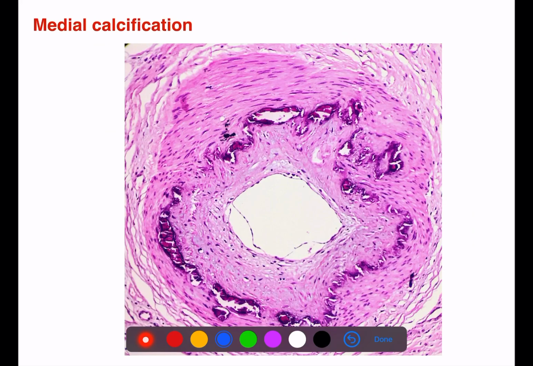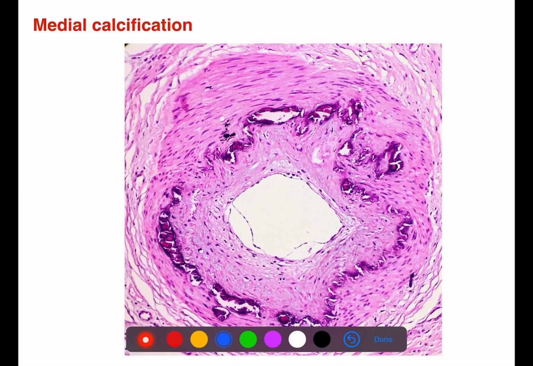Let's move to the second type of arteriosclerosis, called medial calcification. Medial calcification occurs within humans and also dogs and horses, and is called Monckeberg calcification.